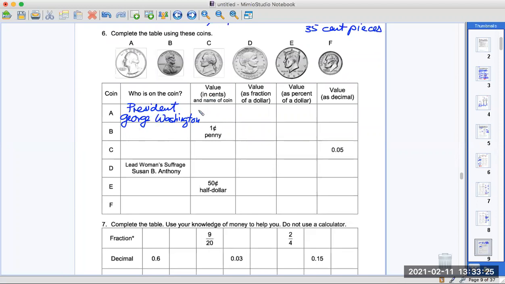The value is the value in cents. It's called a quarter. And the value in cents is 25 cents. The value as a fraction is 25 of 100, or value as a percent of a dollar, it's 25% of a dollar.